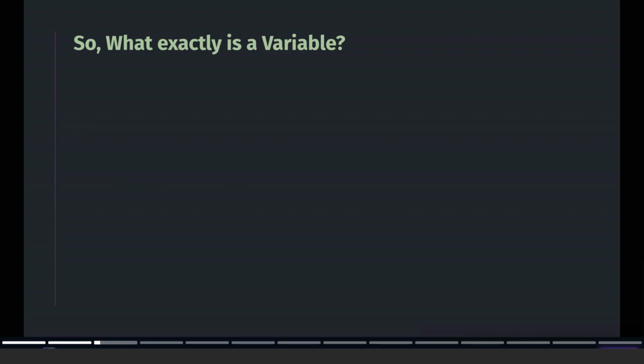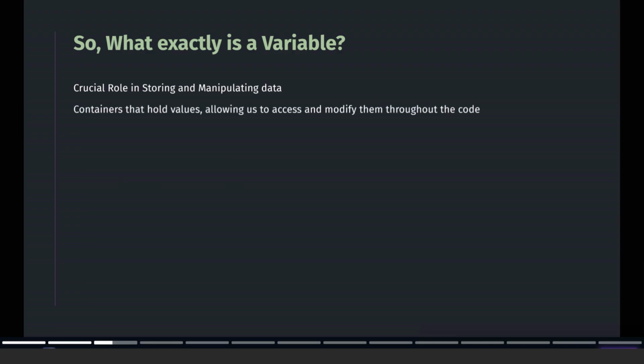Variables play a crucial role in storing and manipulating data in real time. Here the variable acts as a container that stores or holds values of any kind, and it allows us to access the data stored in the variable, and we can modify it throughout our code.